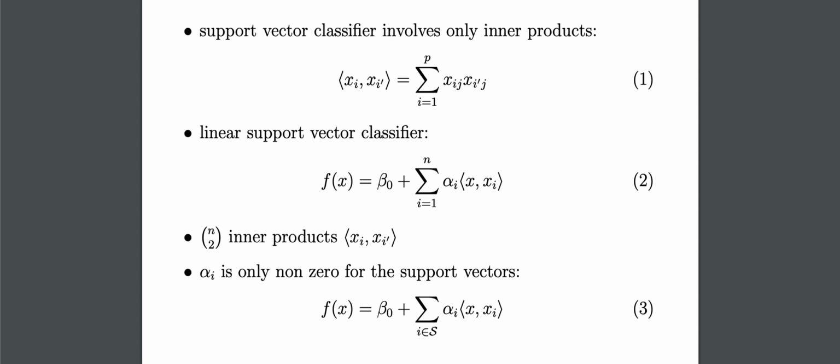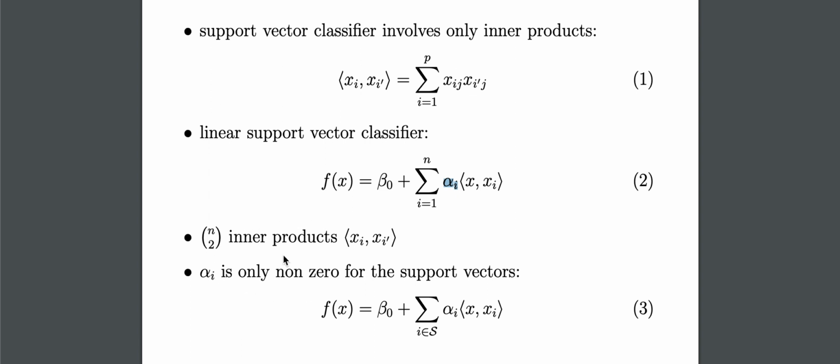The linear support vector classifier in the end boils down to such a function, and it can be represented in this form where the alpha i's are parameters to be estimated, together with beta 0, and there are n choose 2 inner products.